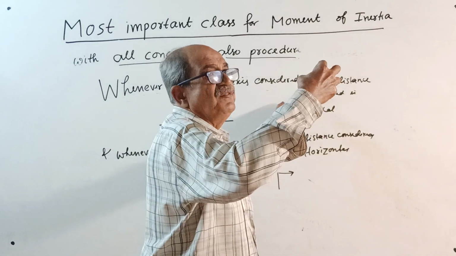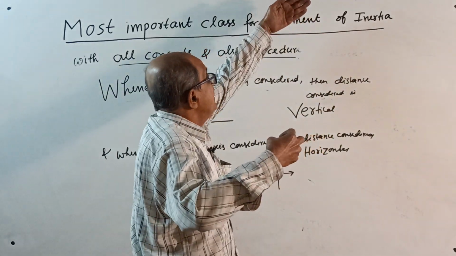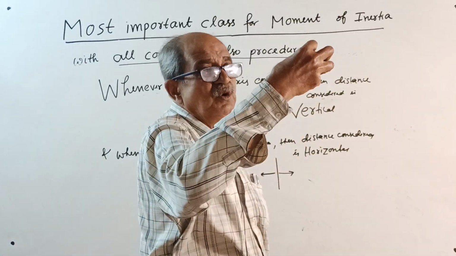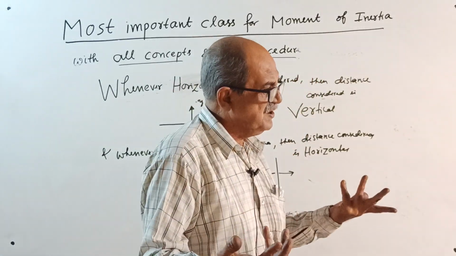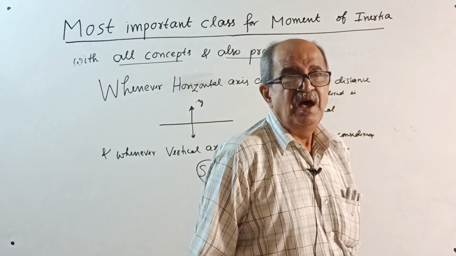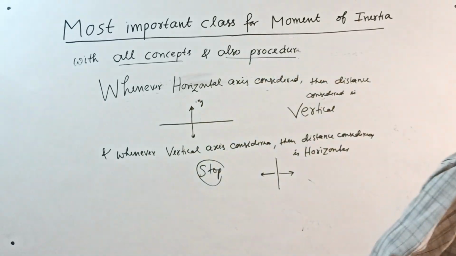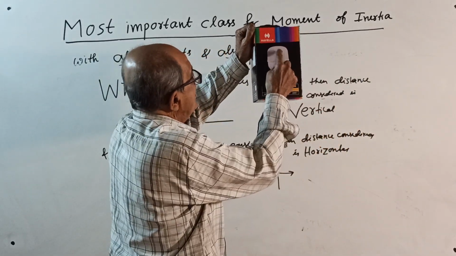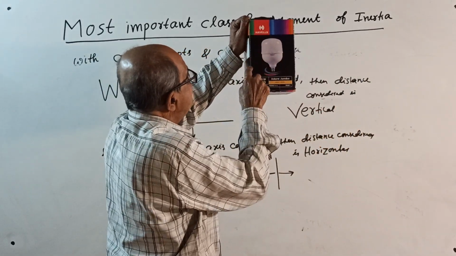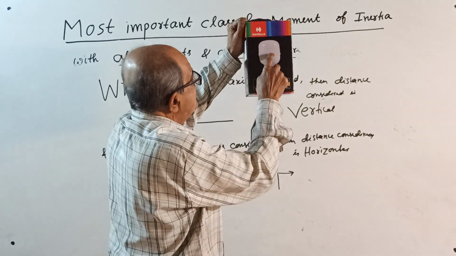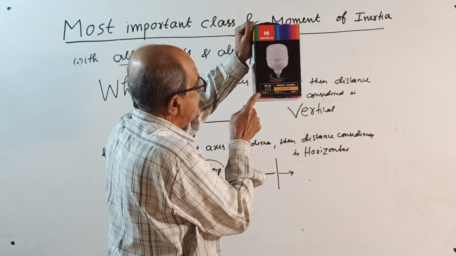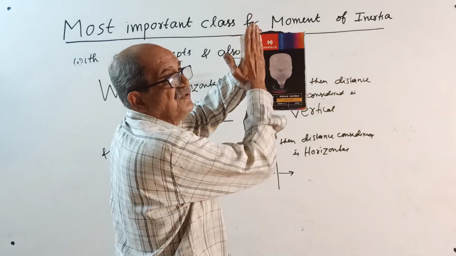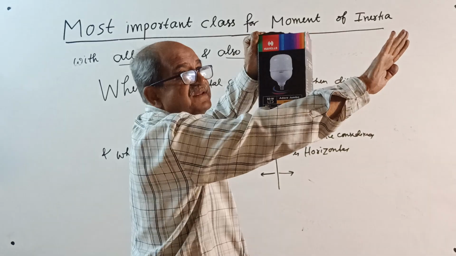The wall is vertical, so from the vertical wall you find horizontal distance. So easy to understand. I should not waste time on this one. Anywhere you take, from a vertical axis, horizontal distance; from a horizontal axis, vertical distance. So whenever YY comes, it is X distance.